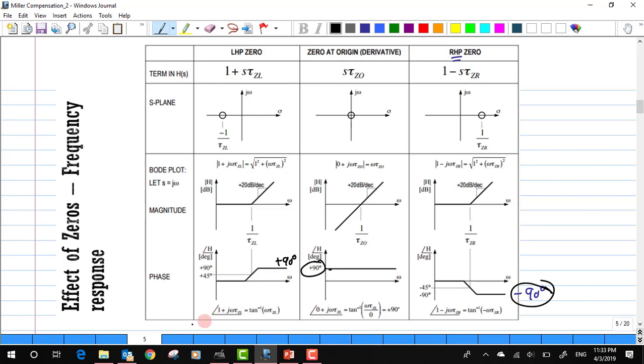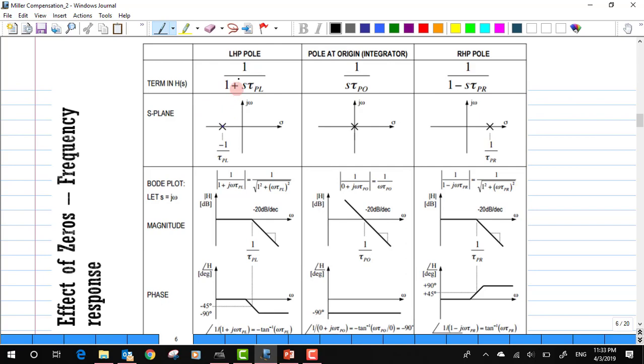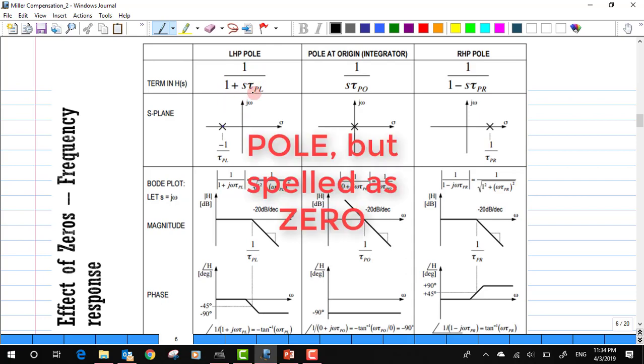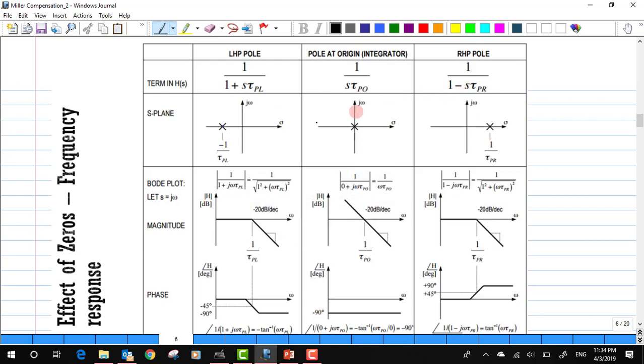So a similar phenomenon happens even for poles, which has been reproduced here. We have already discussed it, but still I will try to discuss it here. So whenever there is a pole either in the left half of the s plane or at the origin or on the right half of the s plane, the magnitude graph, the moment it reaches a pole, the response degrades at a rate of minus 20 dB per decade in each of the cases.